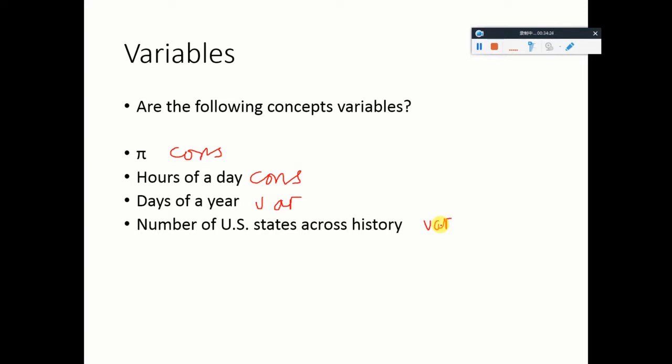Sorry, I'm not even American. I don't know the exact history of this country, but I do know that it didn't have that many states as this country does nowadays. So across history, across time, this country has more and more states. So the number of U.S. states across history is a variable. All right.